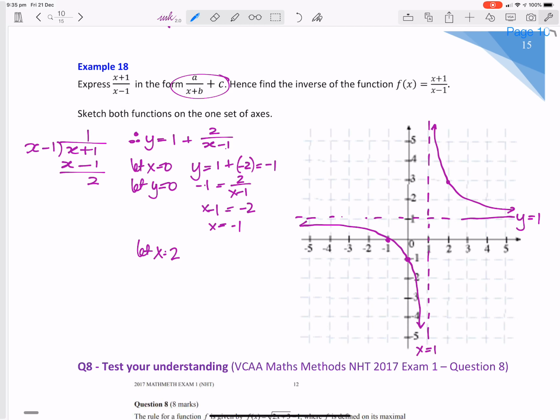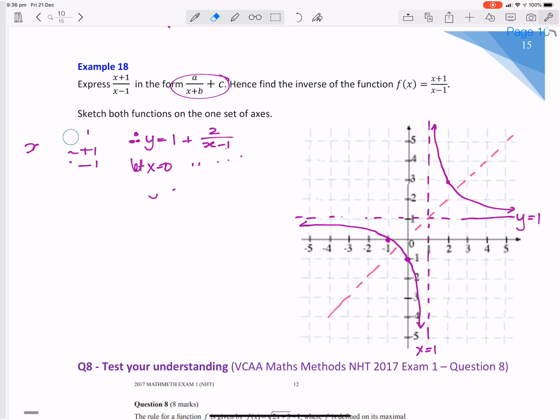Now the strange thing about this graph is if I find its inverse, if you have a look here, what can you see is going to happen? So I'll rub this out. So for its inverse, we'll say let y equal f of x, swap x and y.